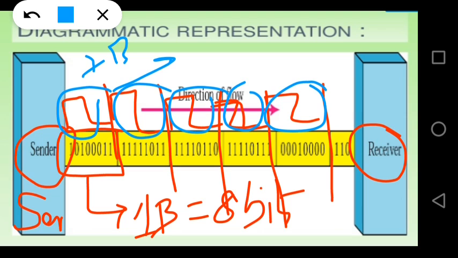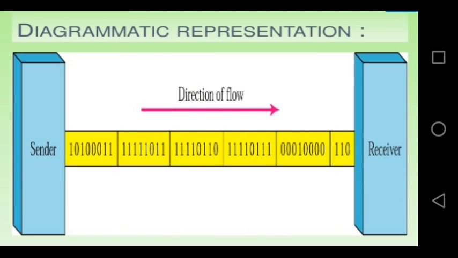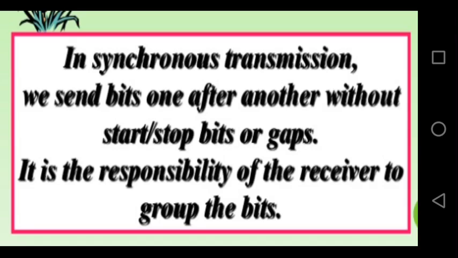That is called the timing signal, and it is very important in synchronous data transfer. So in synchronous transmission, we send bits one after another without start and stop bits or gaps. It is the responsibility of the receiver to group the bits.